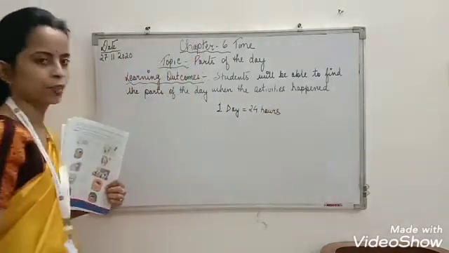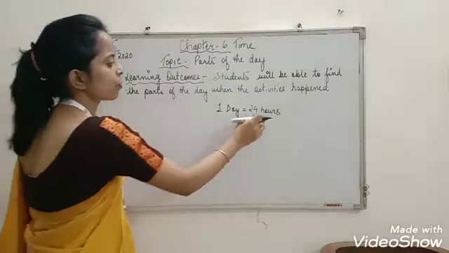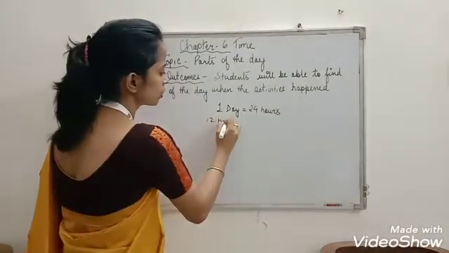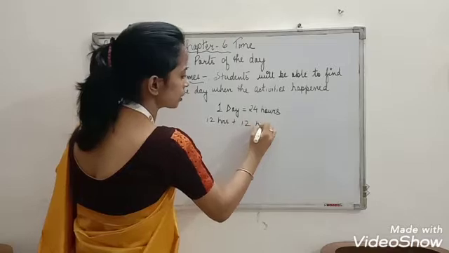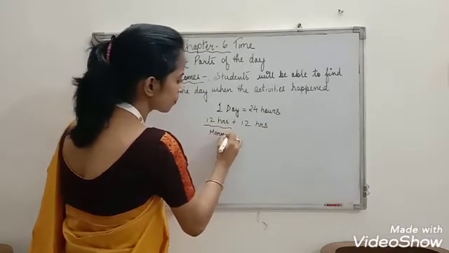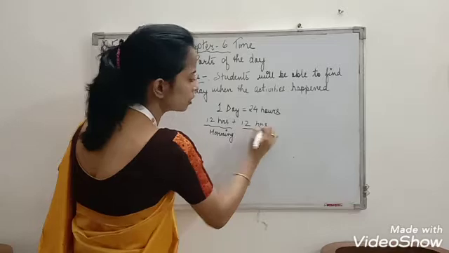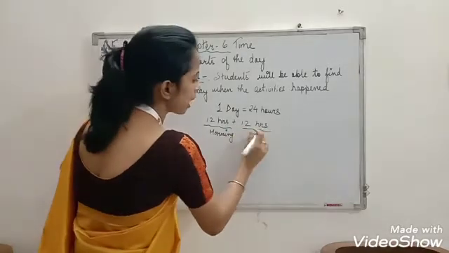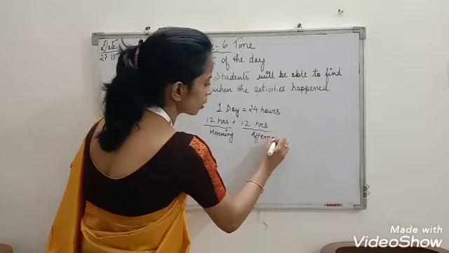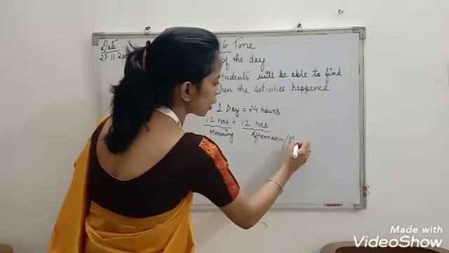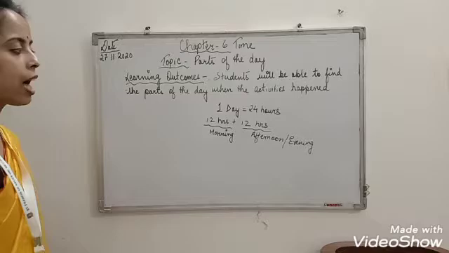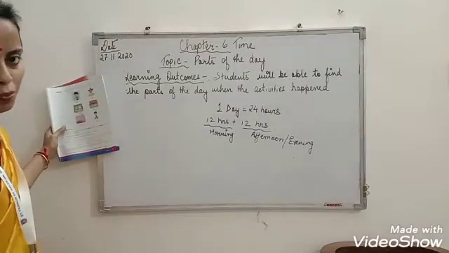So those 24 hours are divided into two parts: 12 hours plus 12 hours. 12 hours of morning time and 12 hours of afternoon and evening time.